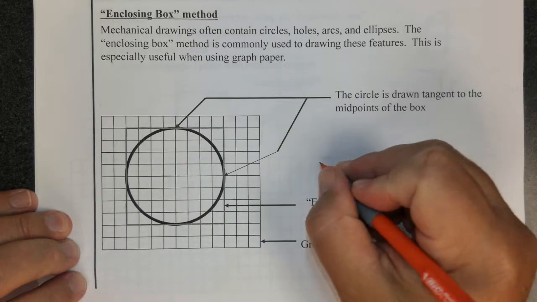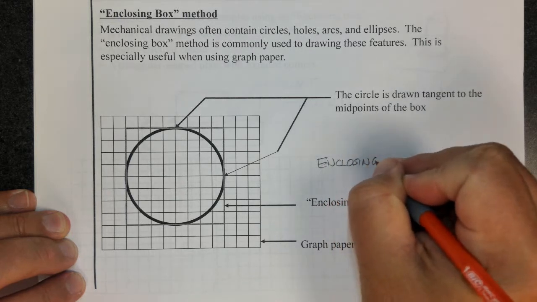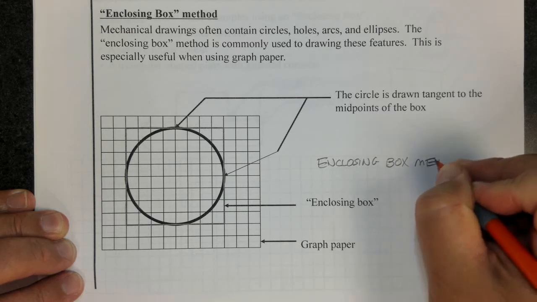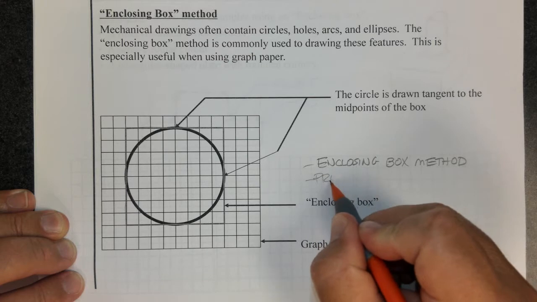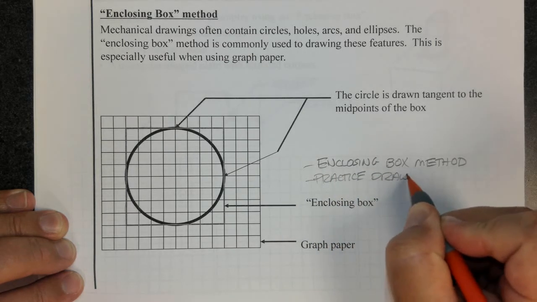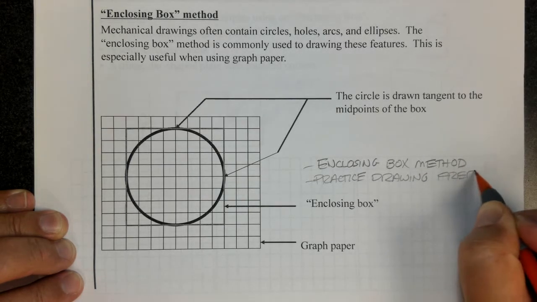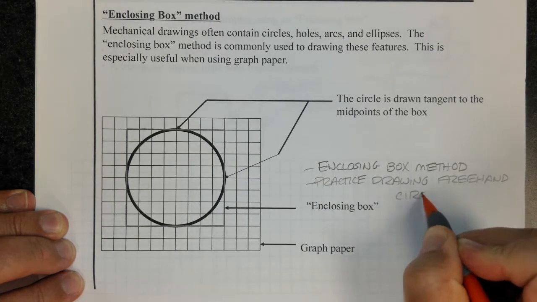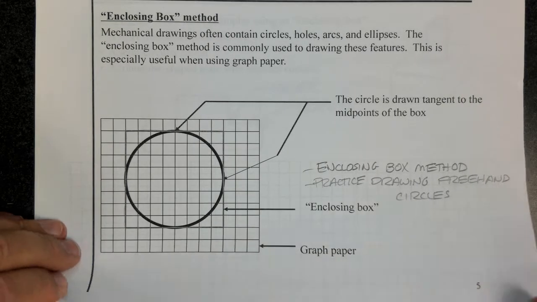So look up the enclosing box method, and practice drawing freehand circles. Okay? All right.